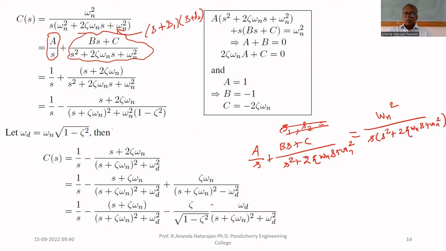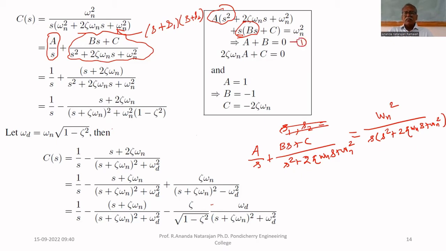If you do the cross multiplication, you will get this equation. The S gets cancelled: A multiplied by S square plus 2 zeta omega n S plus omega n square, plus S multiplied by Bs plus C, equal to omega n square. Compare the coefficients of S square: A plus B equal to 0.